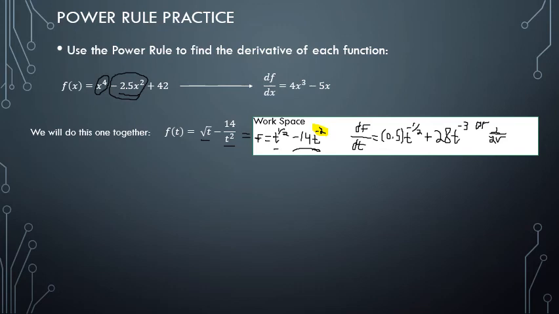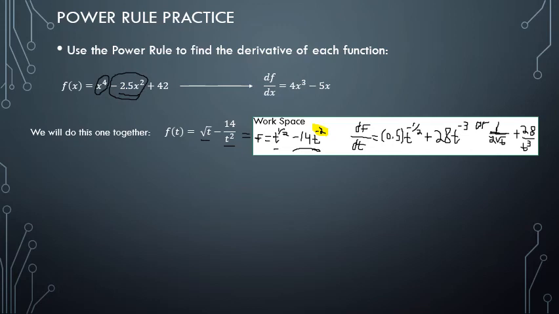So t to the negative 1/2 is actually 1 divided by t to the 1/2, which is the square root of t, plus 28 divided by t cubed. So t to the negative third is the same thing as saying divided by t cubed.